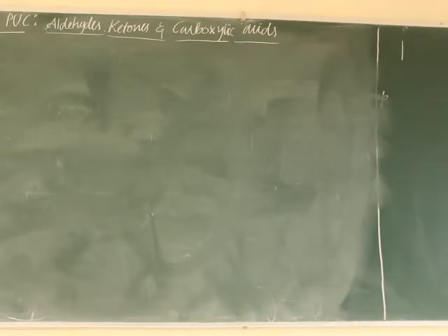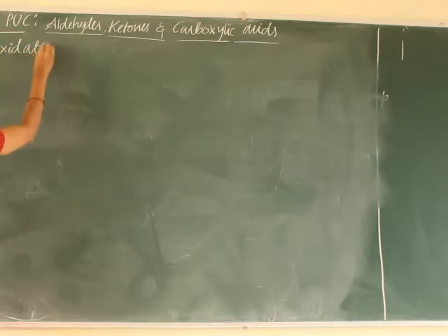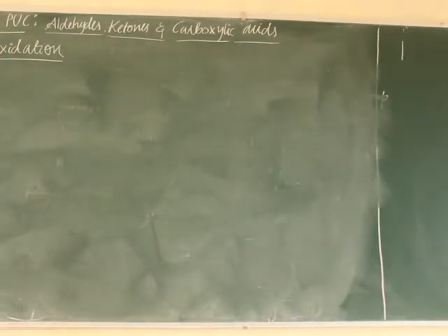On reduction we should get what? Alcohols. Clear? That is the third one, the oxidation reaction involved in aldehydes and ketones.